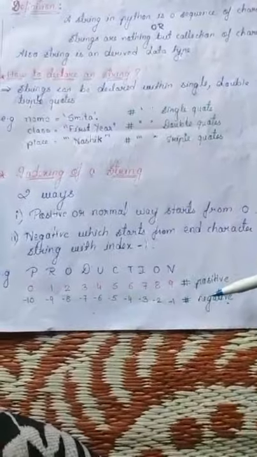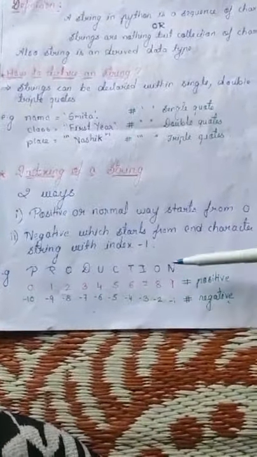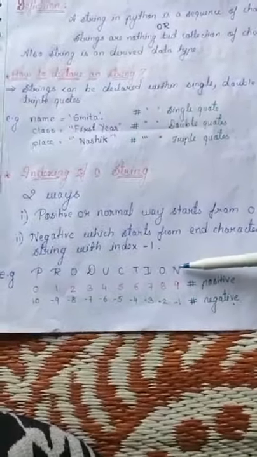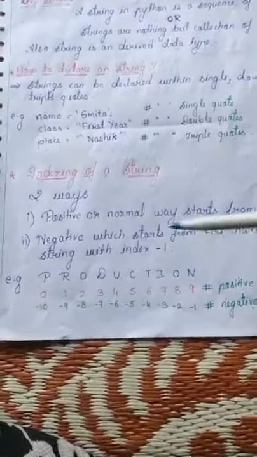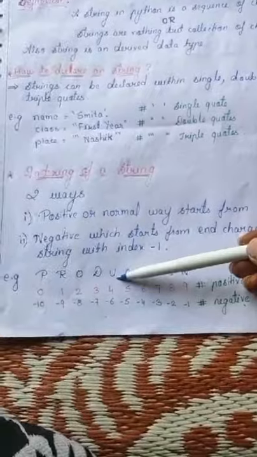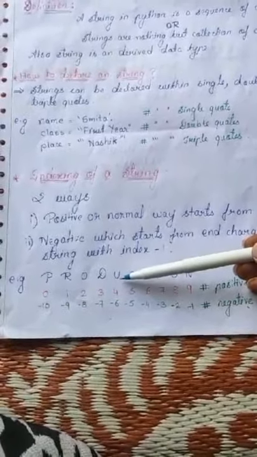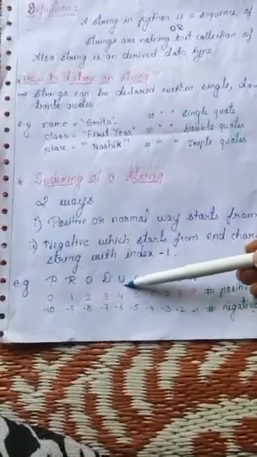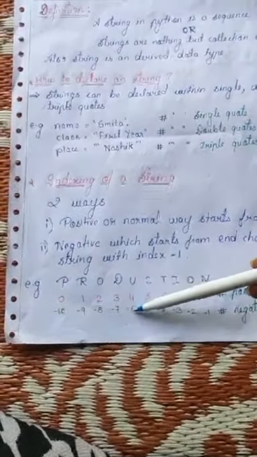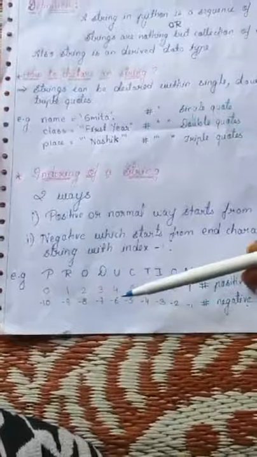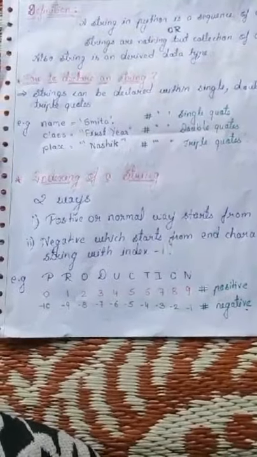Negative indexing starts with -1 and that too with the last character of the string. That means if I want to access u from this string, then I can access its value u by using the index either 4 or -6. This will be clear with the next example.